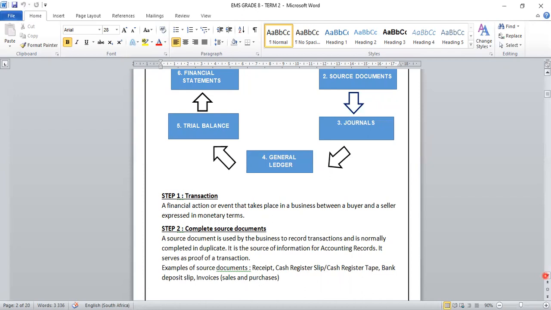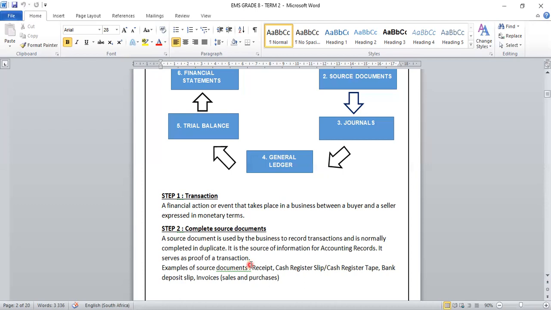This takes us to step 2 of the accounting cycle: complete a source document. A source document is used by the business to record transactions and it's normally completed in duplicate. It is the source of information for accounting records. It serves as proof of transaction.